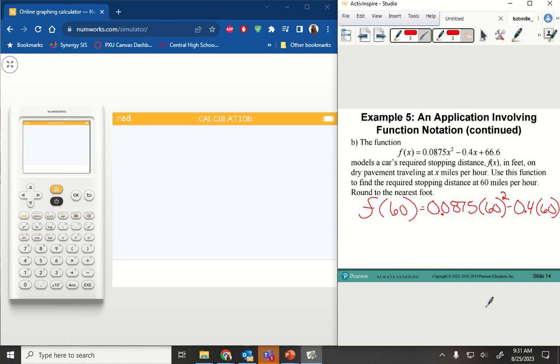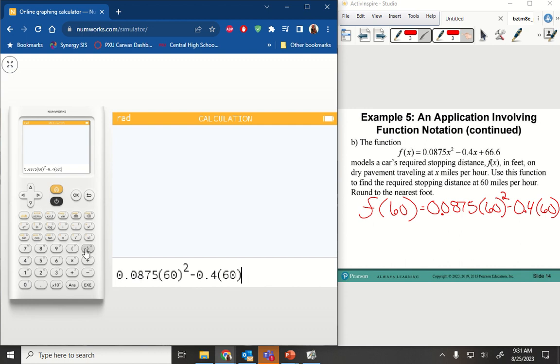So I'm going to have 0.0875 open 60 close square, minus 0.4 open 60 close, plus 66.6. As long as you're following along, you can plug it in just like that. I know my screen doesn't show it all, but just so you can see it.